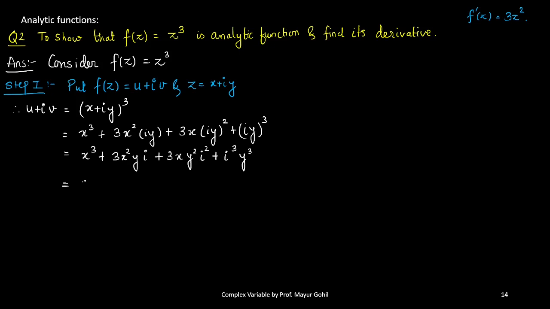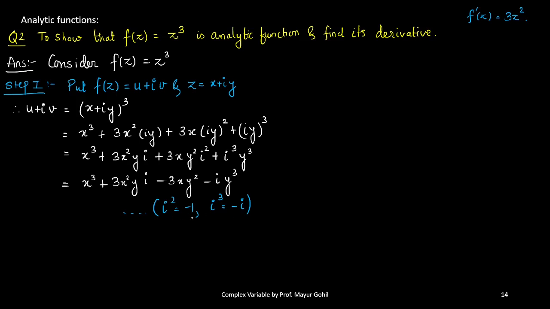So this gives x cube plus 3x square y i, minus 3x y square, and minus i y cube. The reason is that i square is minus 1 and i cube is minus i.